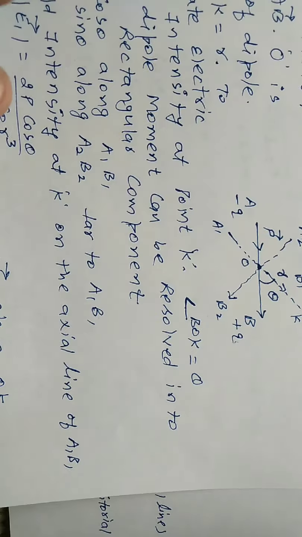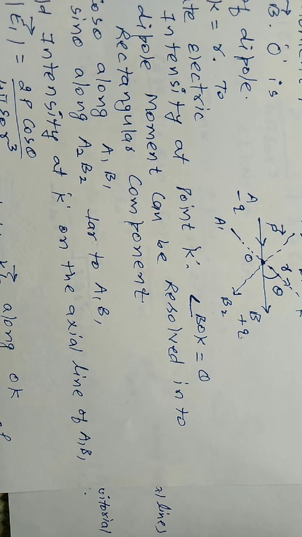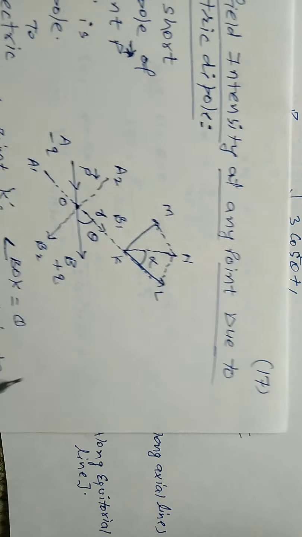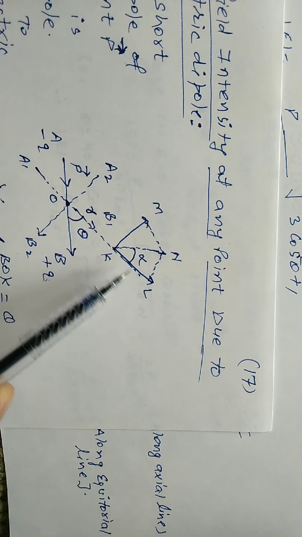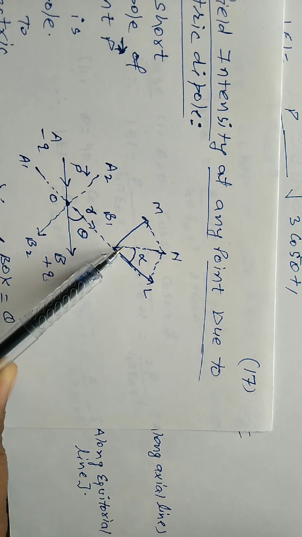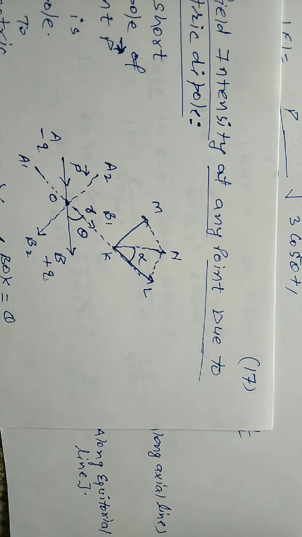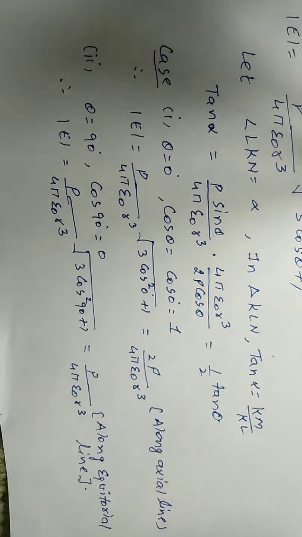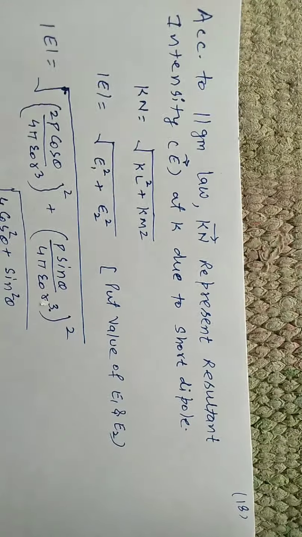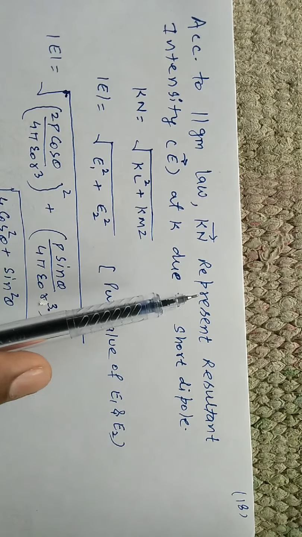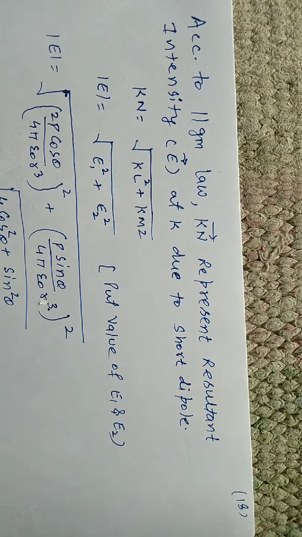Now complete rectangle KLNM and join KN. This is the resultant electric field intensity. According to the parallelogram law of vector addition, this KN represents the resultant intensity.